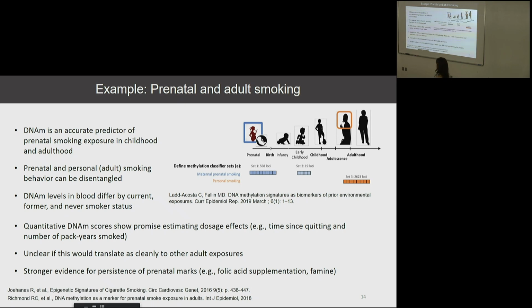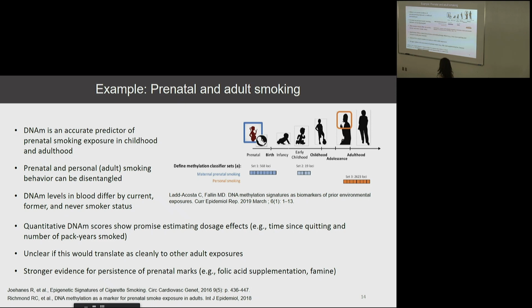In terms of whether they're put down in utero or in adulthood, smoking is the caveat, where we see really strong marks from both smoking in adulthood and prenatal smoking. With some of these other exposures, like diet, they're not finding that those marks linger as long in adulthood, like if people change their diet. But prenatal marks, in general, seem to be much stronger and more persistent.